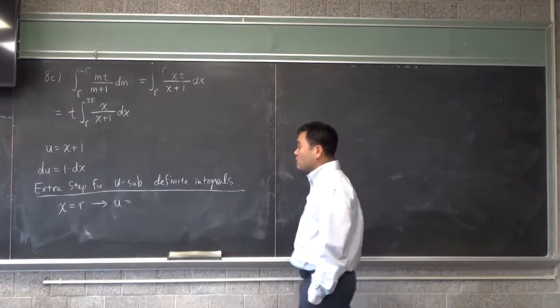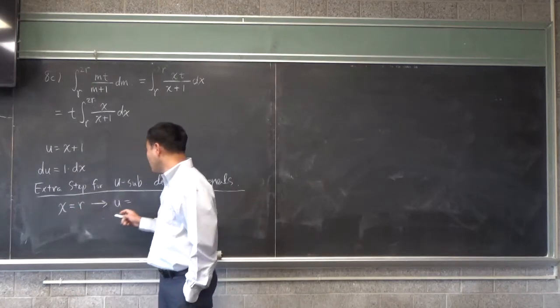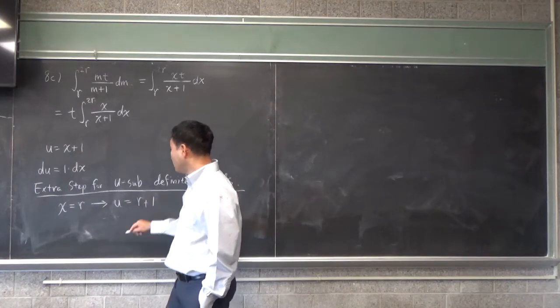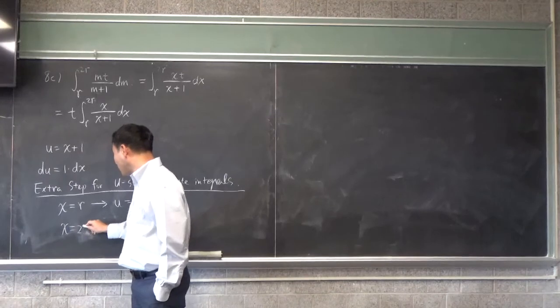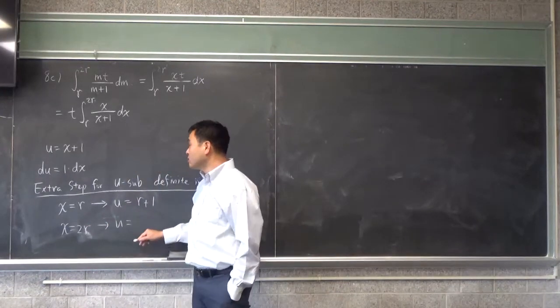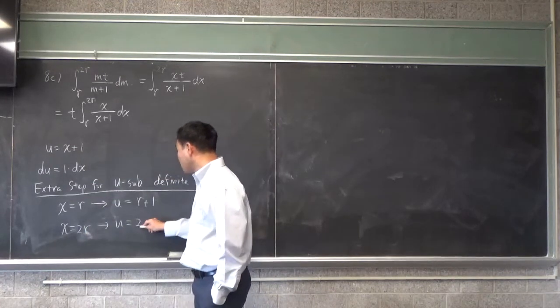When x is r, what is u? u is x plus 1, but because x is r, you have u as r plus 1. Now what about this other end? When x is 2r, what is u? When x is 2r, you plug it in here, you get u as 2r plus 1.